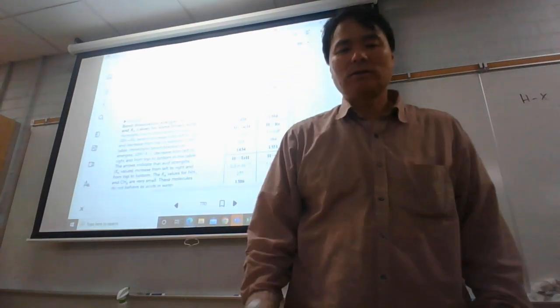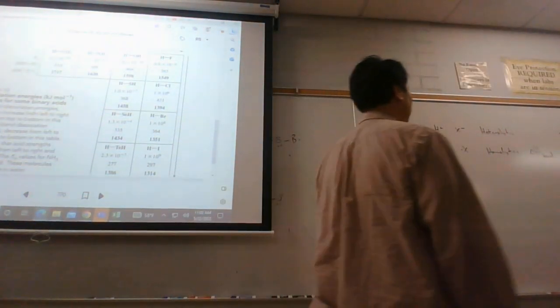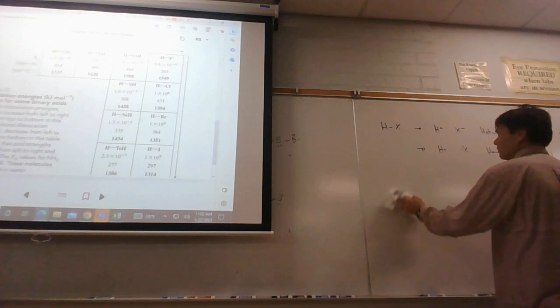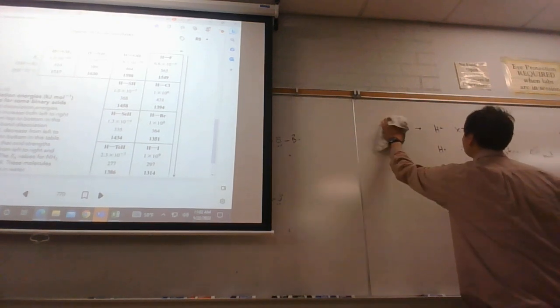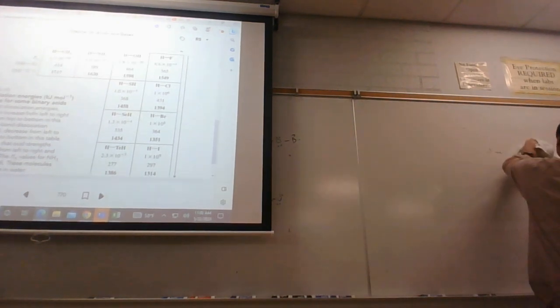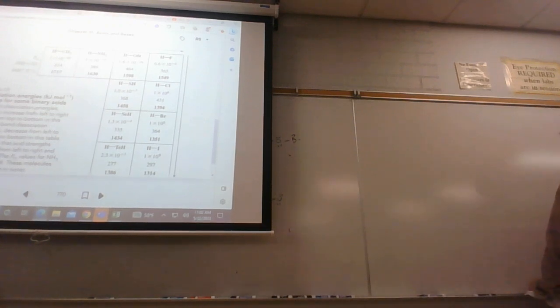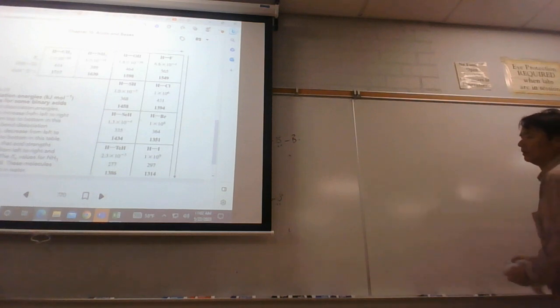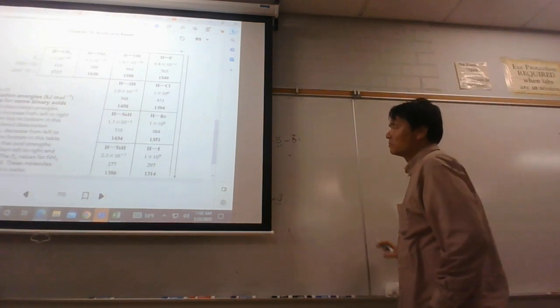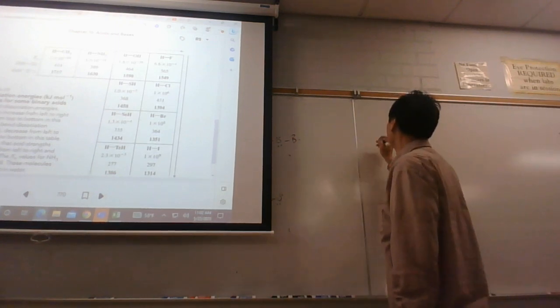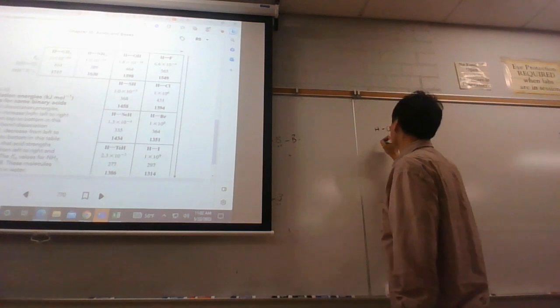HCl is a weird one because there's one additional factor we have to look at beyond what I talked about here, but it's only for HF. For HF, we have to do a special exception.